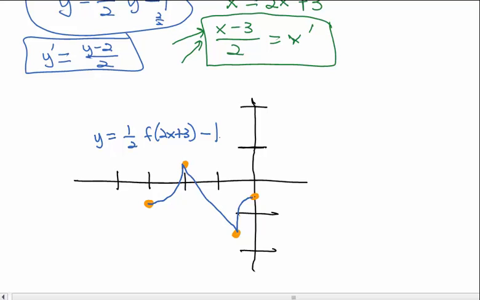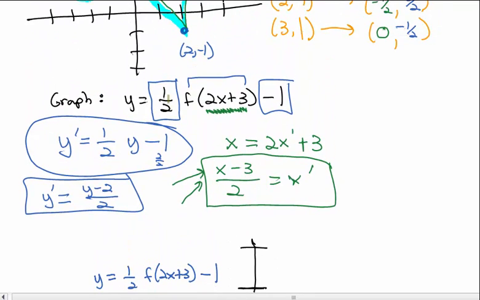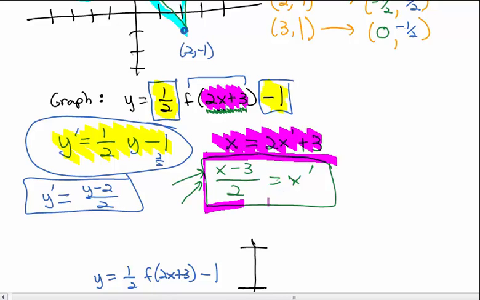This is a process that feels really clunky the first time you do it, but yet the steps are actually really similar. Notice what we did is we identified the parts that affected the y to come up with our y equation. We also identified the parts that affected the x to come up with our x equation. The x equation we had to solve for x prime.